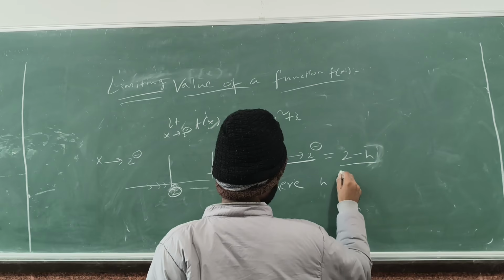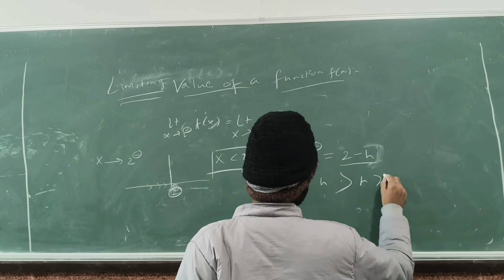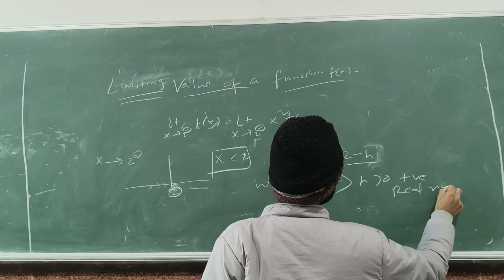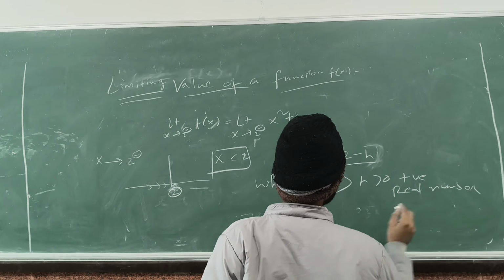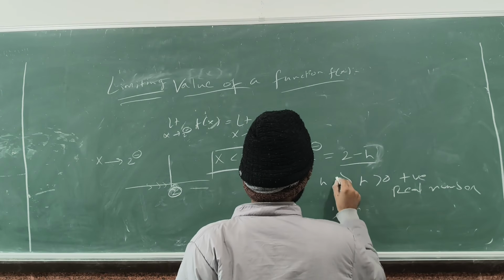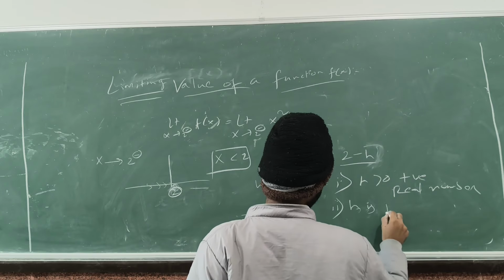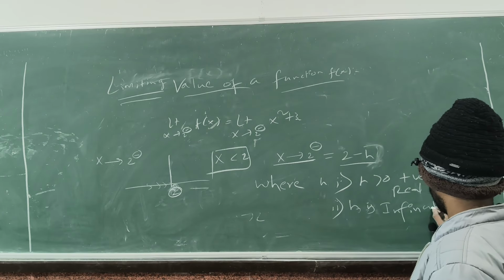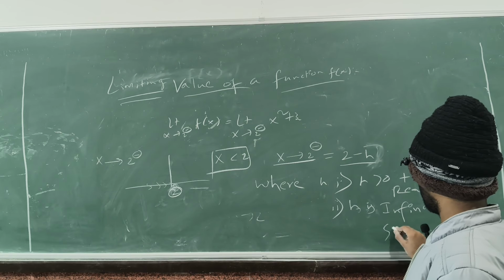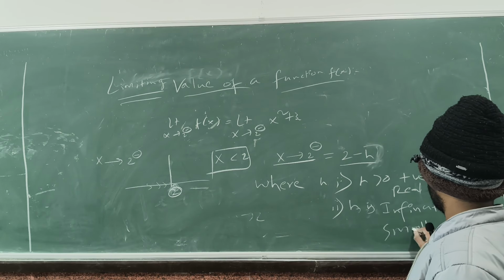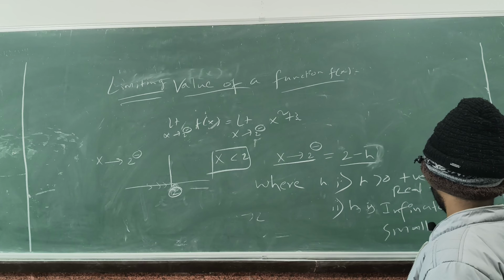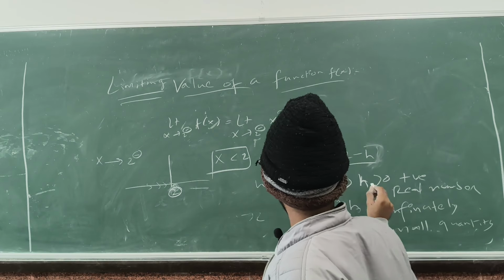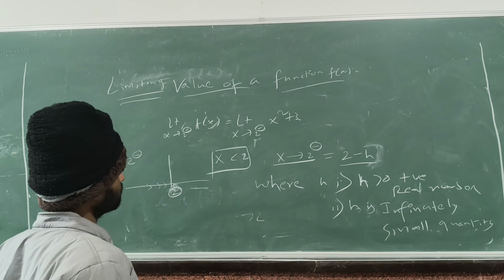h is a positive real number. Second one, h is an infinitely small quantity. h is positive and h is infinitely small.